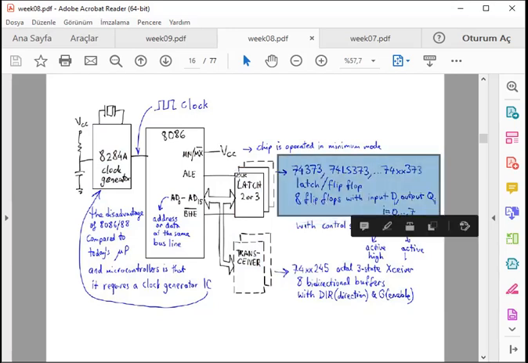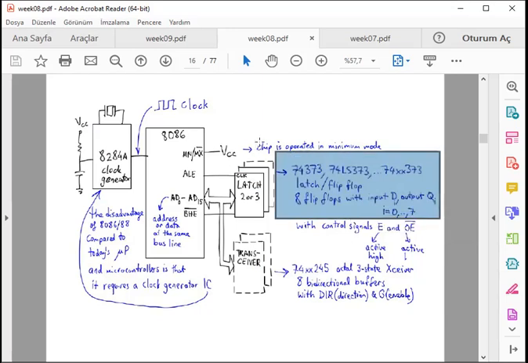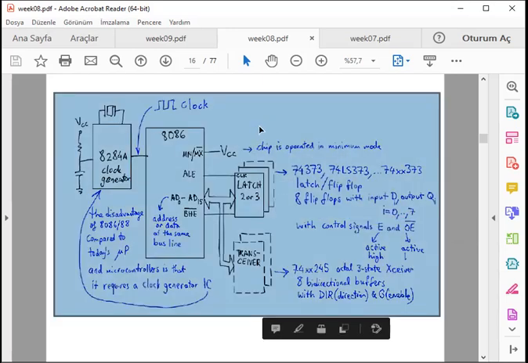So 2 latches, each one having 8 bits or a byte, will yield a word of latching, and we need 4 more bits to store 20-bit information as a whole.